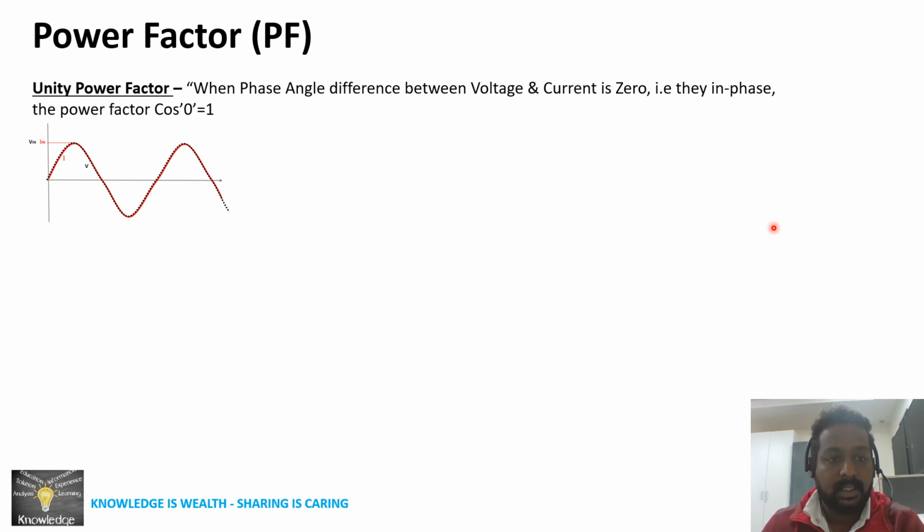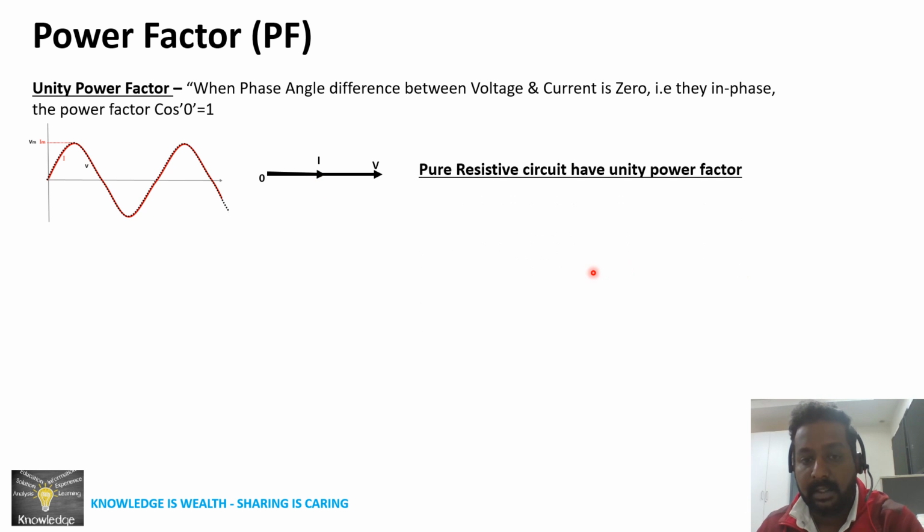See, the voltage and current are in the same waveform, so there is no phase angle difference between them. In the vector diagram, the voltage is constant and the current is also in the same line. Most of our pure resistive loads, where there is no inductive load to create a lagging effect and no capacitive load to create a leading effect, will have a unity power factor.